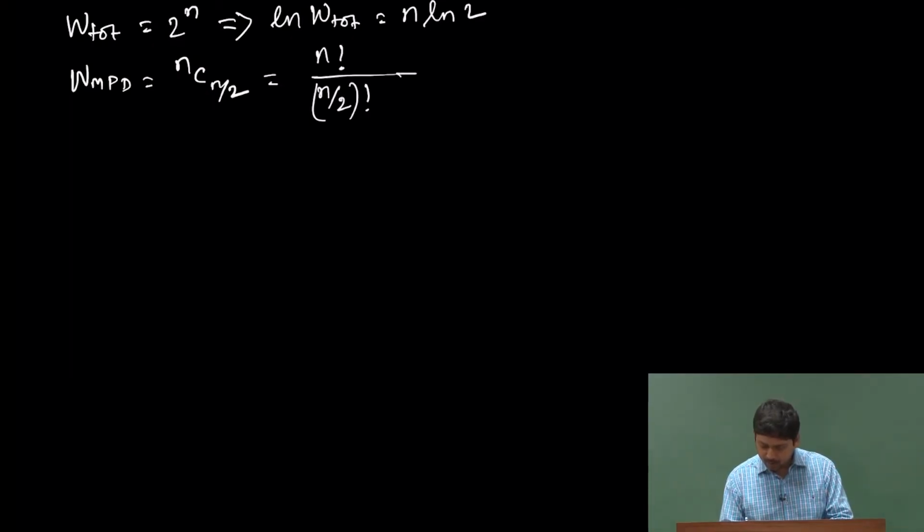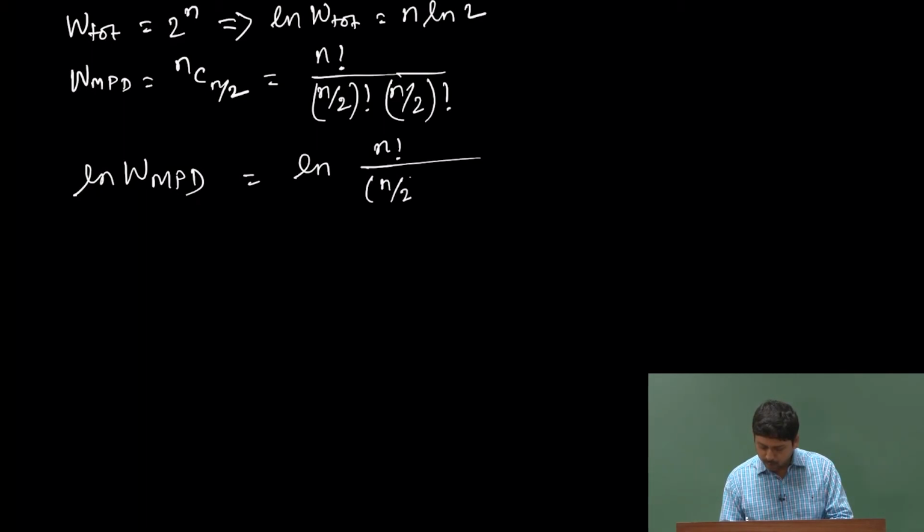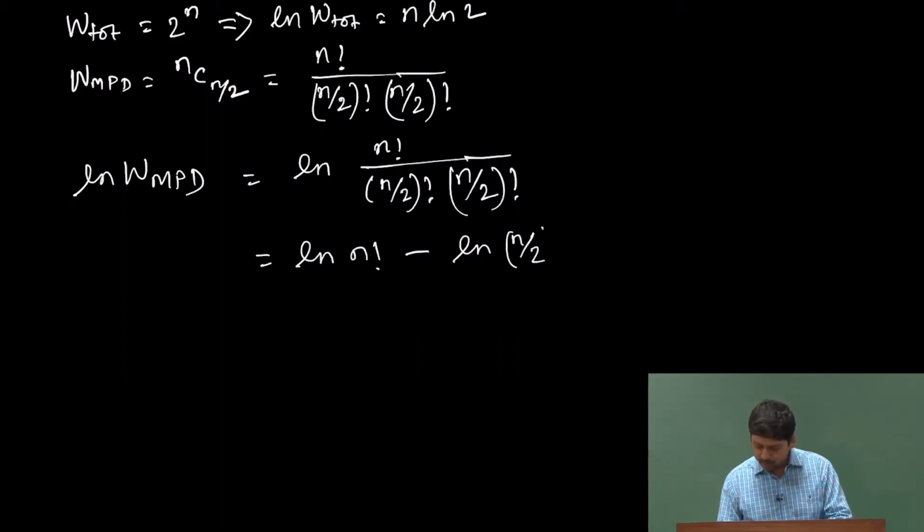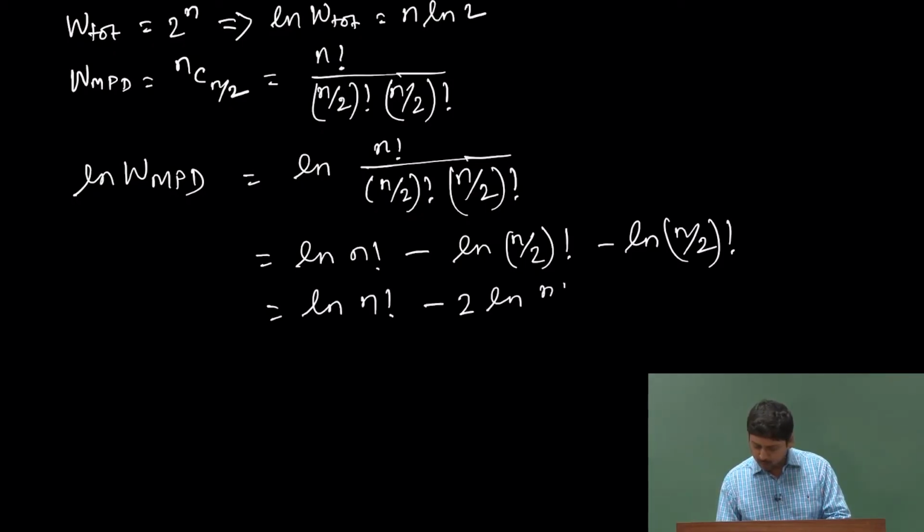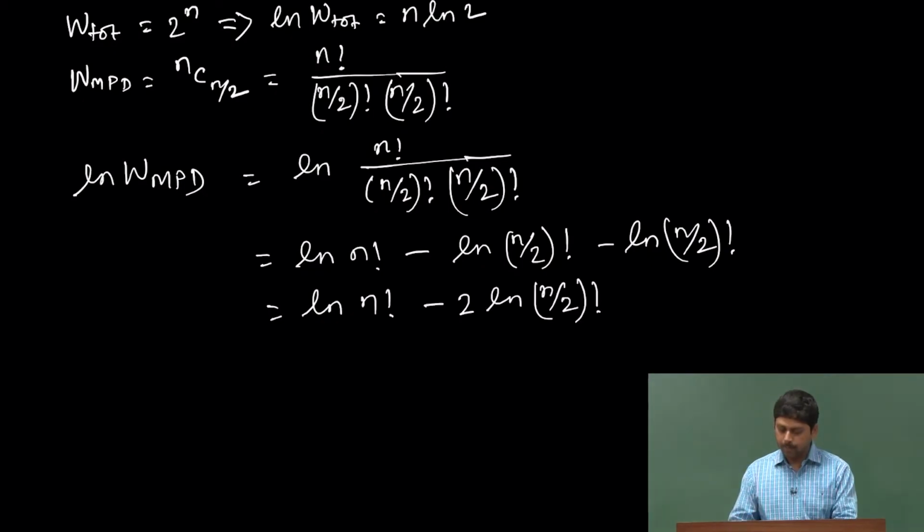So, ln of WMPD is equal to ln of n factorial by (n by 2 factorial multiplied by n by 2 factorial), equal to ln n factorial minus ln (n by 2) factorial minus ln (n by 2) factorial, which is ln n factorial minus 2 into ln (n by 2) factorial.